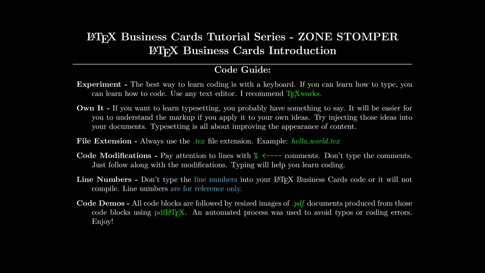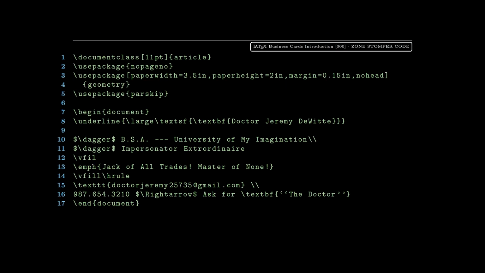After the code blocks, you're going to see resized images of the actual PDF documents produced from the code blocks. So you shouldn't have any typos or coding errors within the code blocks, because everything you see there was used to produce the actual PDFs.